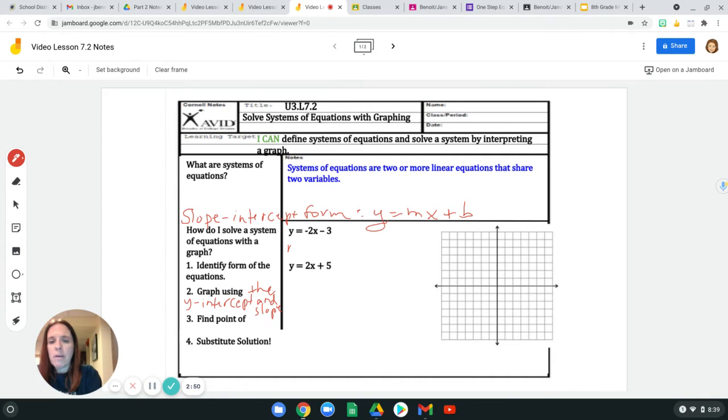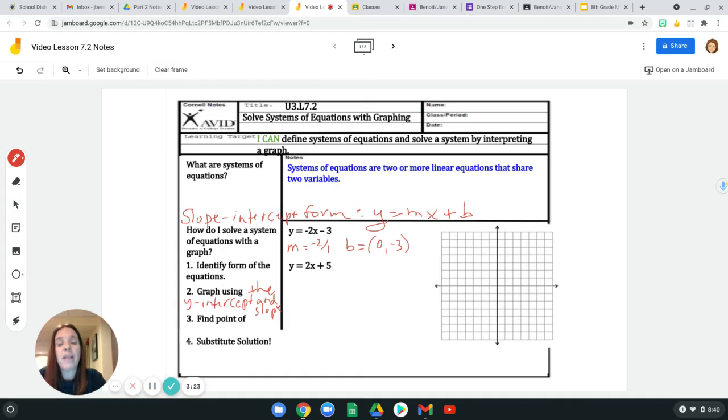So our m, we find it is attached to the x, and that's a negative 2. So our slope is negative 2 over 1. So we're going to go down 2 and to the right 1 from the y-intercept. And the y-intercept is the next part of the equation. It's our b. Our b is a negative 3, but we write that as an ordered pair, 0, negative 3. It starts at 0 because we stay on the y-axis. We either go up or down.